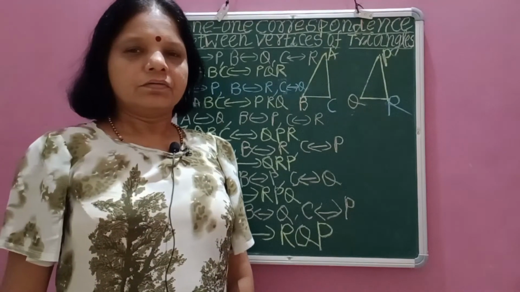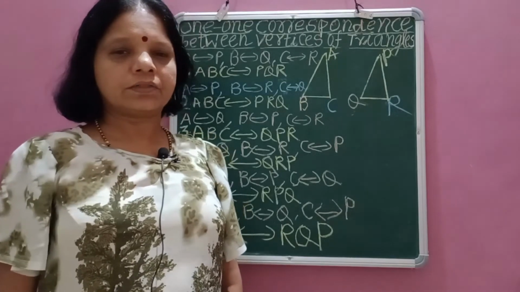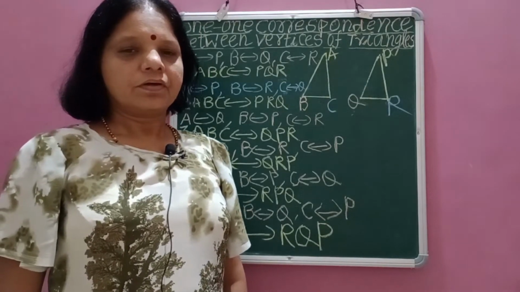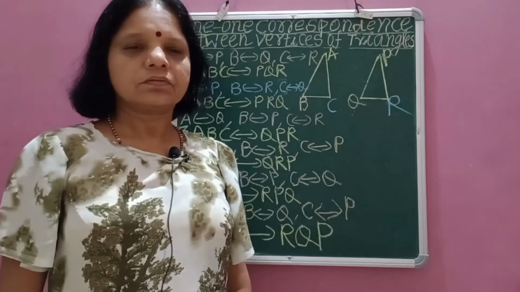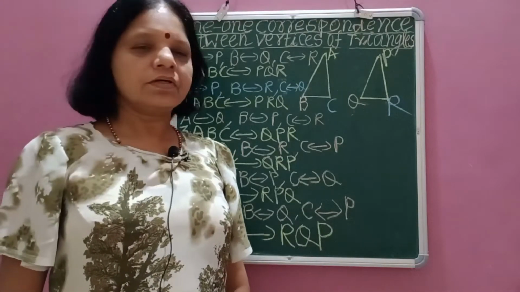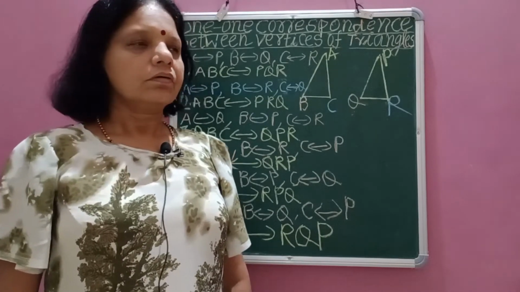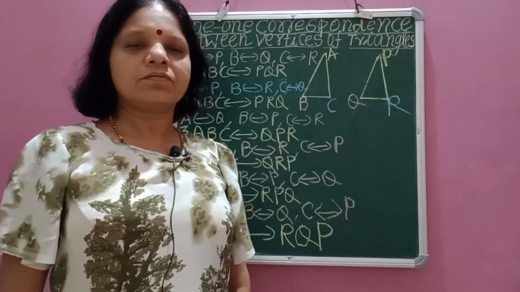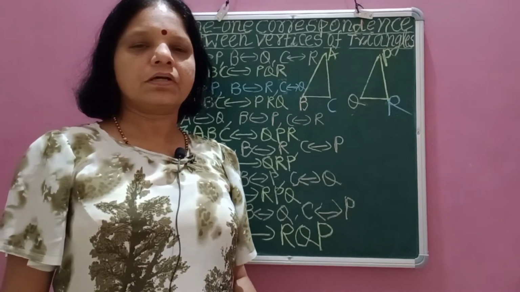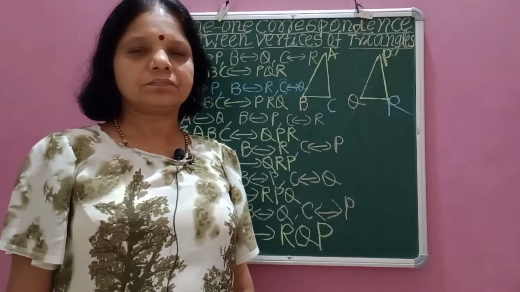What does it mean? In the last class you studied about similar and congruent figures, and while considering similar triangles, I mentioned respective sides or corresponding sides or corresponding angles.